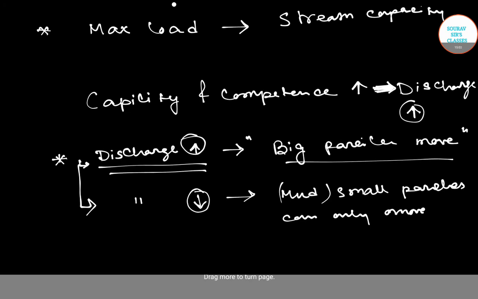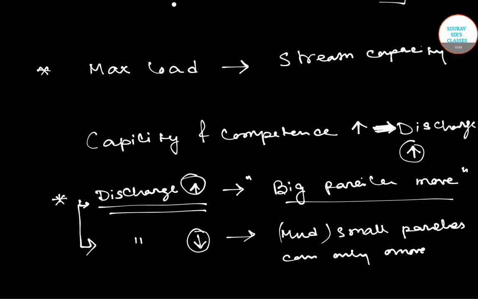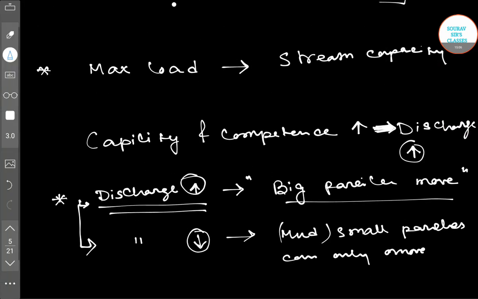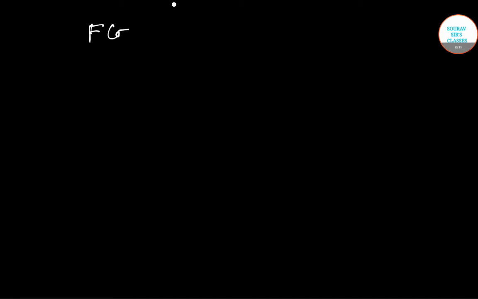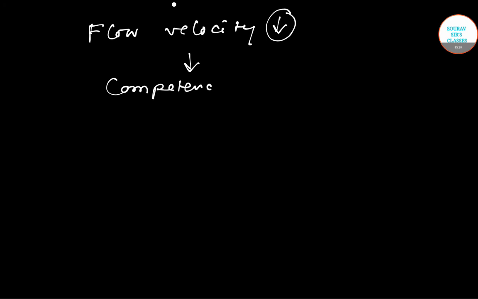So now when flow velocity decreases, then what happens? The competence is reduced. Competence is less or reduced.